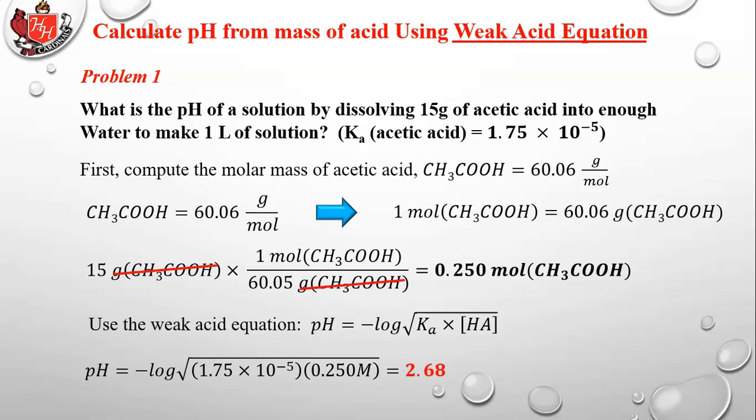We have the Ka value for acetic acid. In some of the problems in this problem set, I used 1.8 for acetic acid, some 1.75. It really doesn't matter. Times 10 to the negative fifth, and it's 0.25 molar because it's 0.25 moles per 1 liter of solution up there. And when you just do the math on that, you get the pH is 2.68.